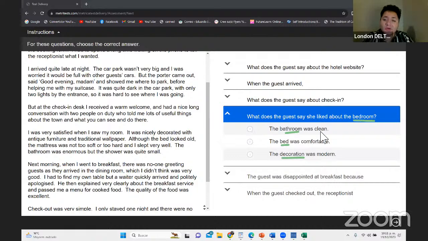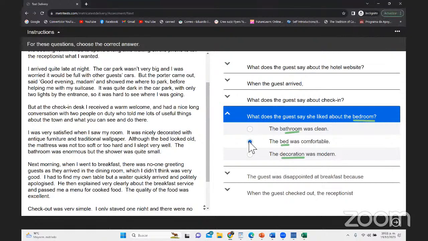Okay. The bed was comfortable? The bed was comfortable. Yes. It doesn't say directly, because the exam will never tell you the bed was comfortable. No, they will use different words. They will imply something different, but never exactly like the bed was comfortable.